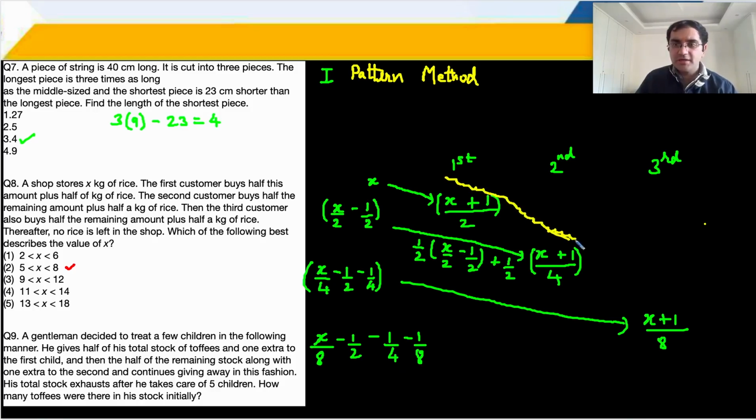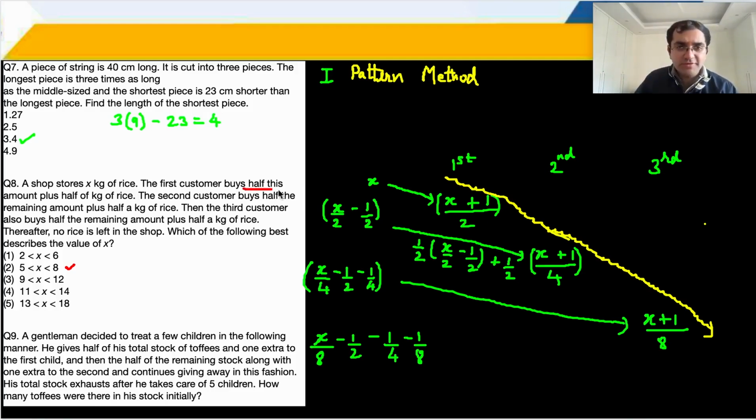यानी कि कस्टमर को जो राइस मिल रहा है, do you spot any pattern in this direction? Customer is getting x plus 1 by 2, x plus 1 by 4, x plus 1 by 8. Now, one more point I will say is that for a pattern to exist, there should be something that is repeating in the question.